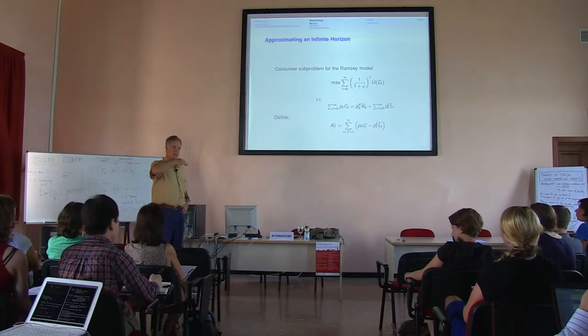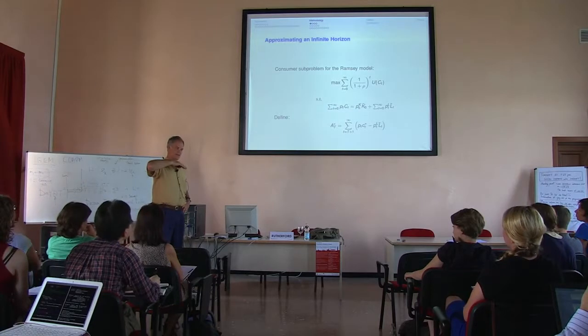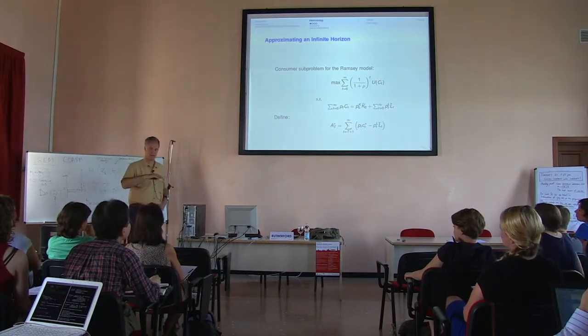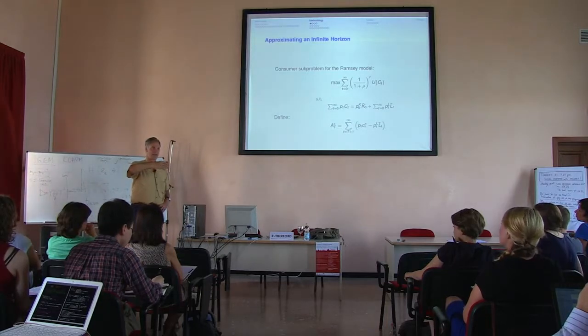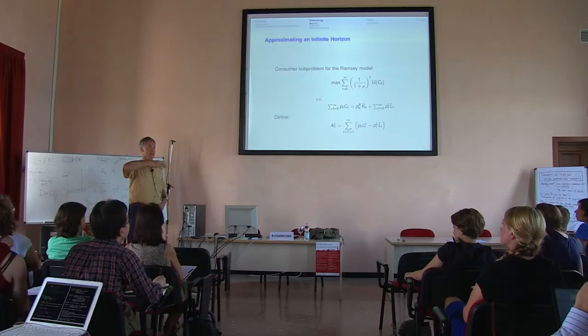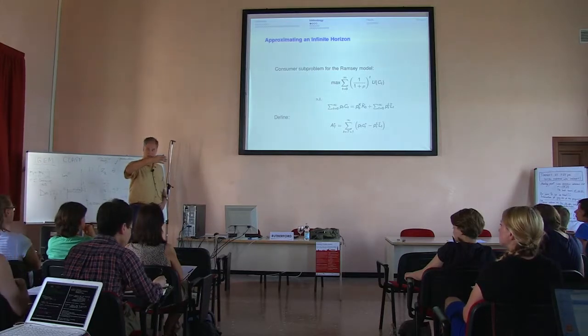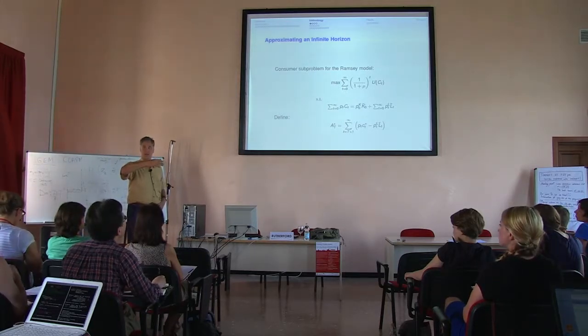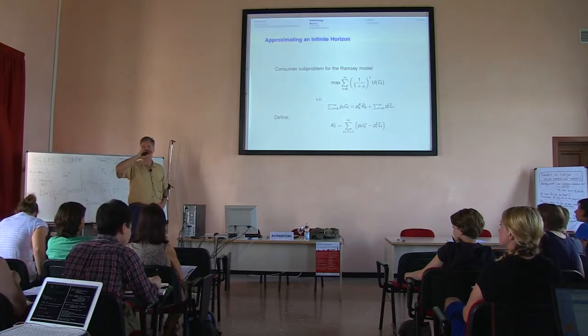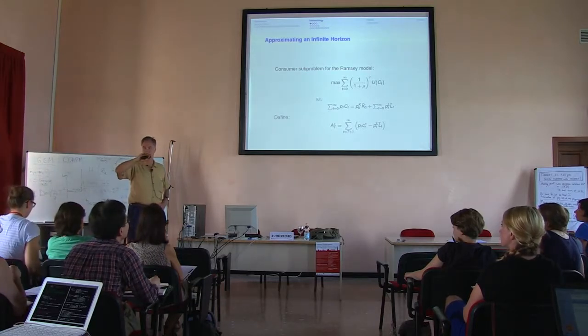The technique I normally use is what's known as state variable targeting, meaning you have a capital stock at the end, and you come up with a method for setting that value so that the model moves approximately consistent with stationarity at the end.